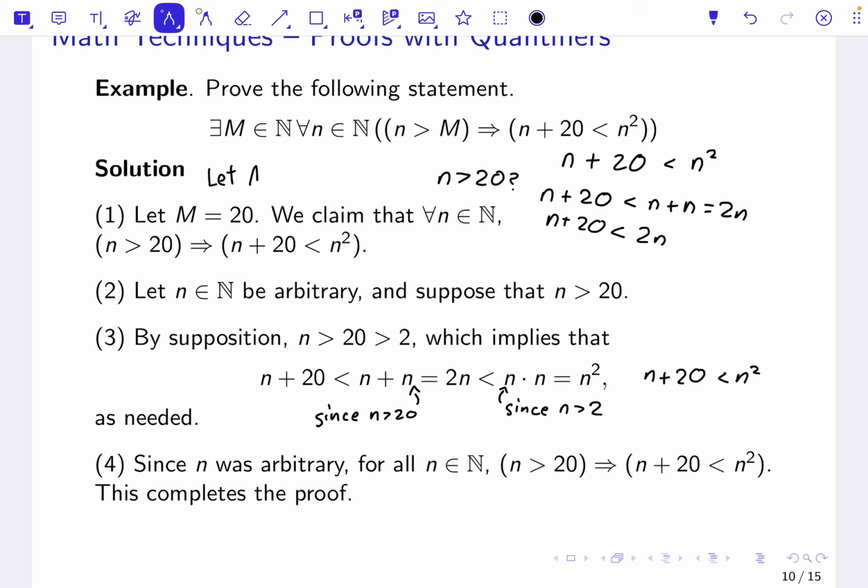If we said something like, let m equals n plus 1, the marker would be very sad. Don't make the marker sad. Because the quantifiers are ordered such that m is defined before n even exists.